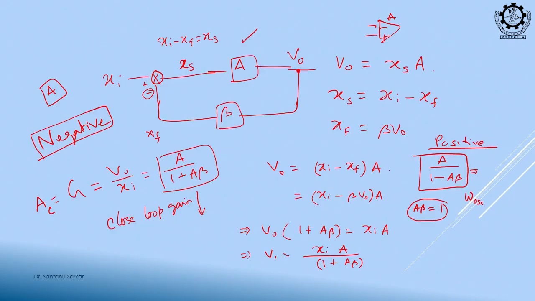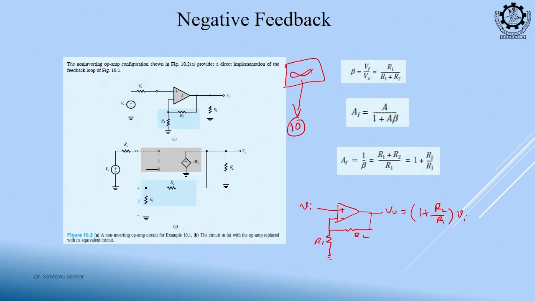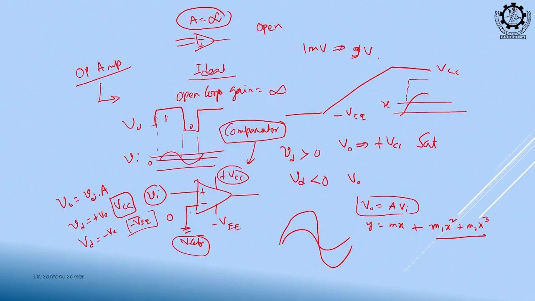If we do not make A very large, then what will happen? Some effect of A will be there. We would be introducing some error, right. The real figure is something else, but we are approximating so that we can cancel out this A term.